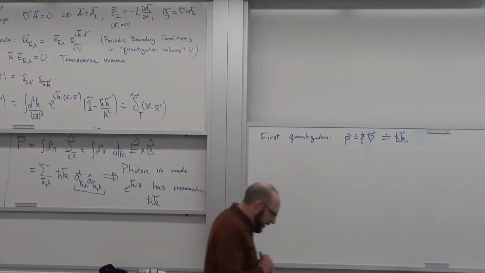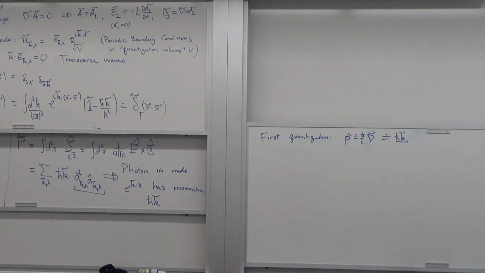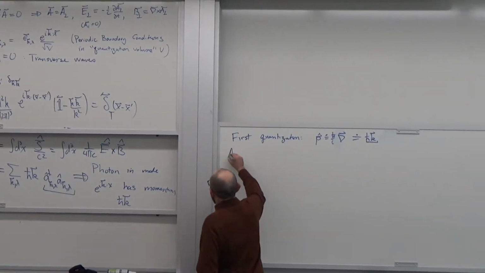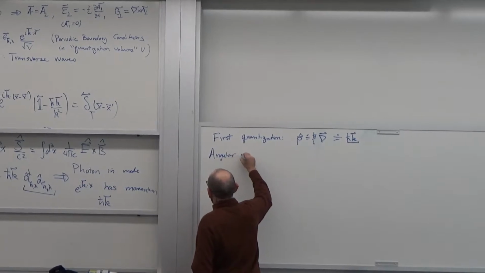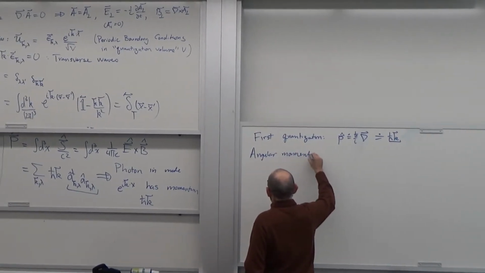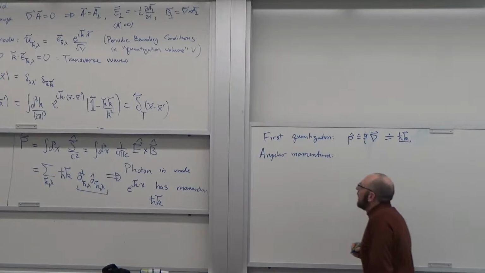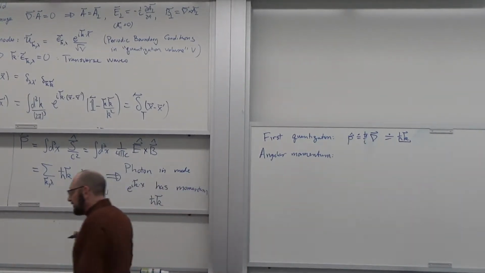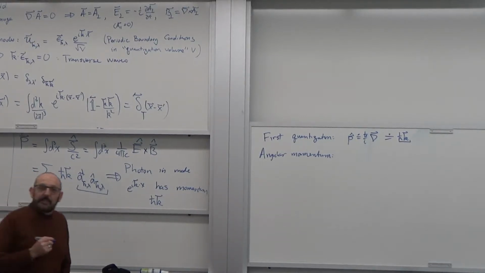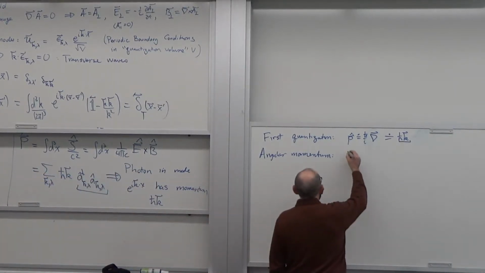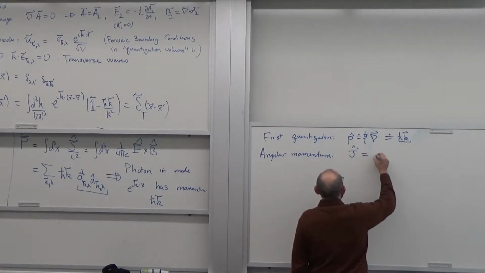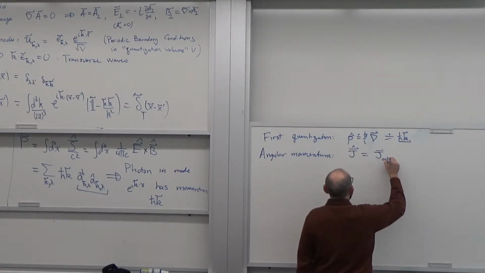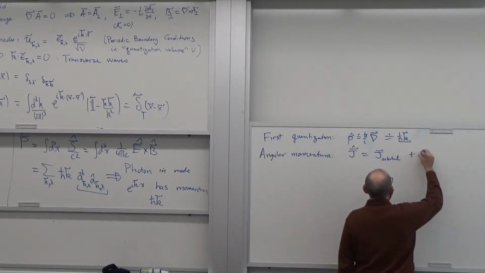What about the angular momentum of the photon? Well, that's complicated. As we know, there's two flavors of angular momentum. There is orbital angular momentum, and spin angular momentum.